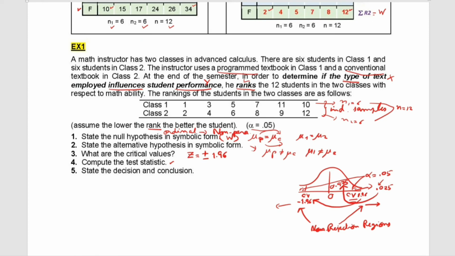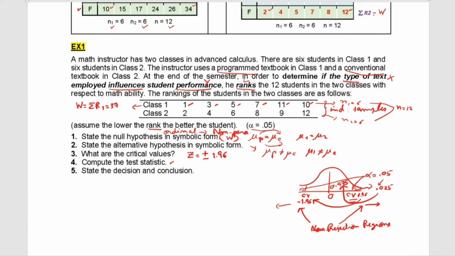After that, test statistic. The data are ranks already, and the test is two-tailed. Therefore, we can use class 1 W or class 2 W. If you take class 1 W, W is the sum of ranks. In class 1, this is 1 plus 3 plus 5 plus 7. So we compute 16, 27, 37.